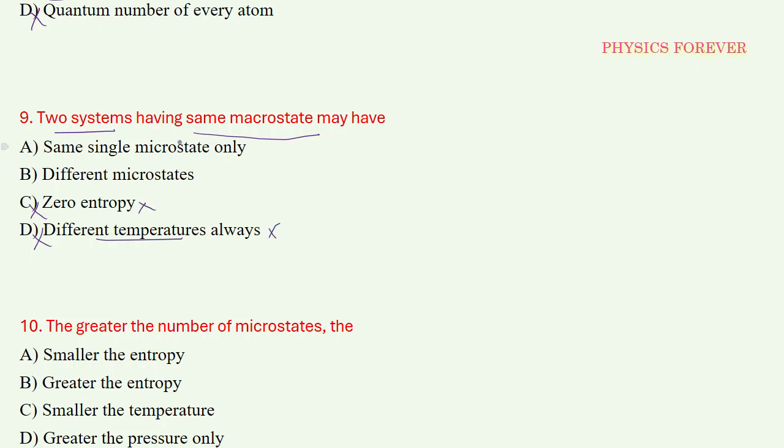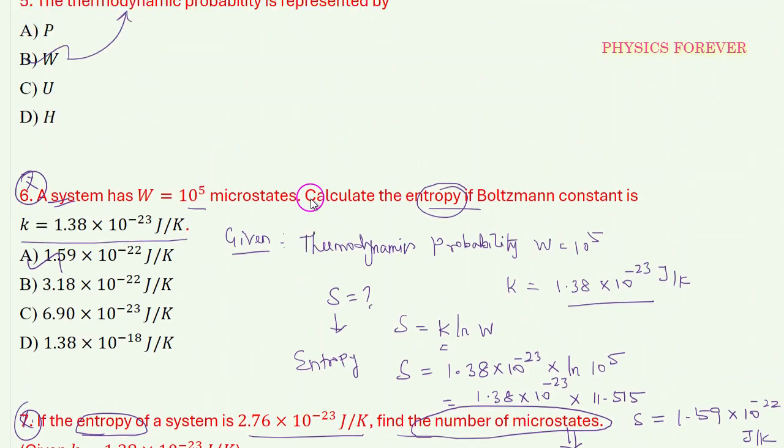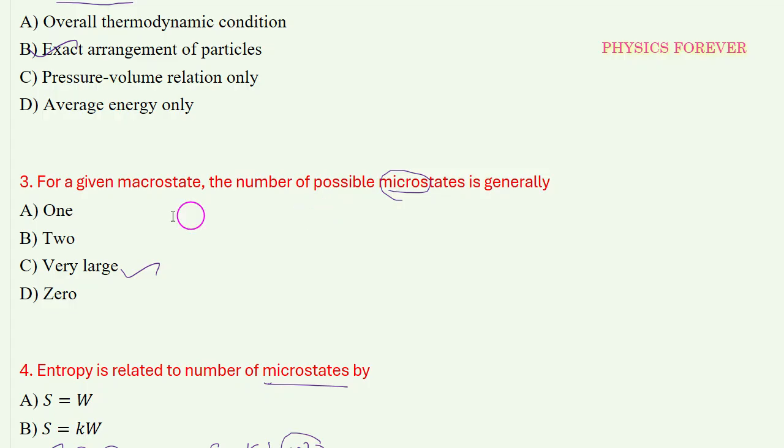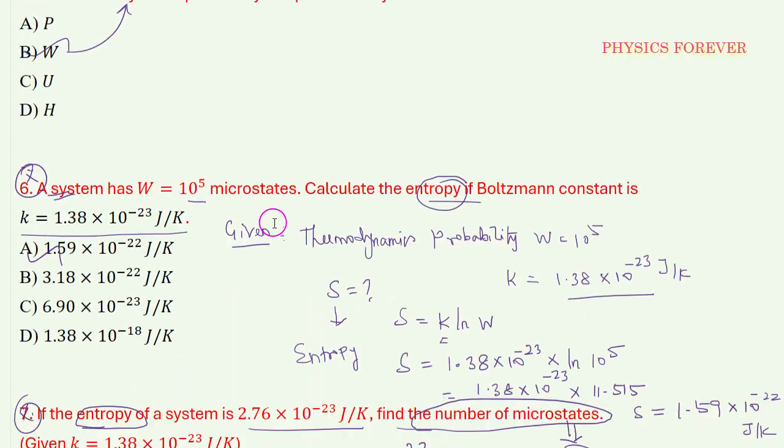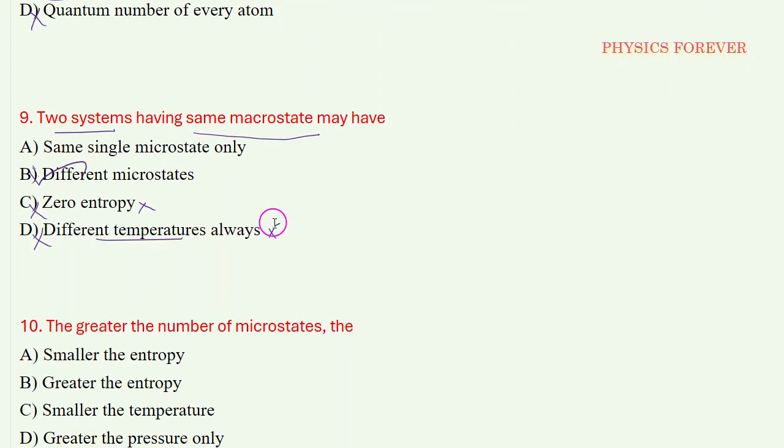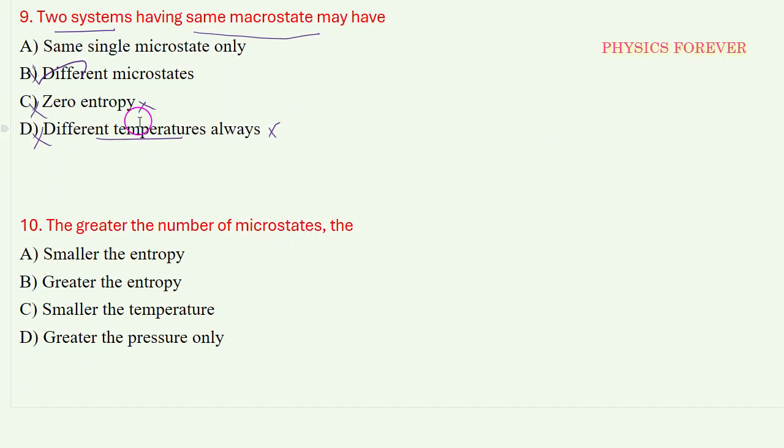From the previous question we have given that there should be a very large number of cases, so option B is correct. Two systems having the same macrostate may have different microstates. If you see this question, it is related to this question, so option B is correct. Different microstates, remember that.